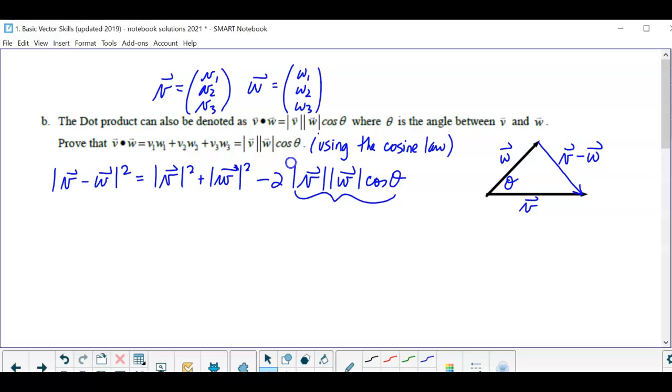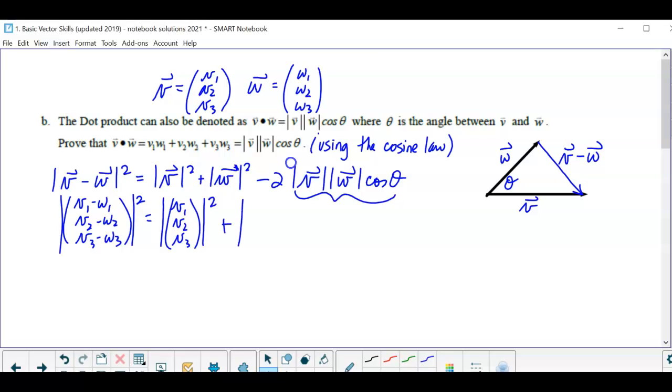Okay, so this will be V1 minus W1, V2 minus W2, V3 minus W3, magnitude squared, then V1, V2, V3, magnitude squared, W1, W2, W3, magnitude squared, and then I'll leave the rest in their geometric form, because that's what we want to solve for.